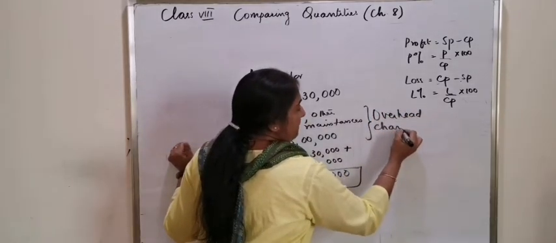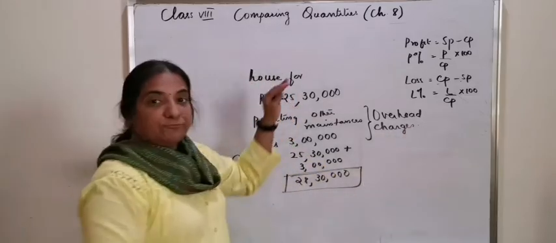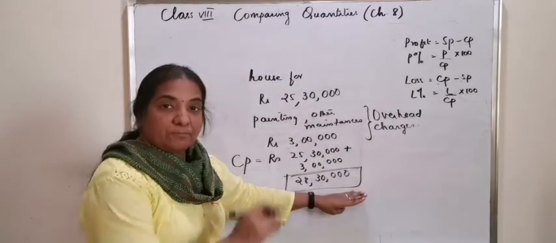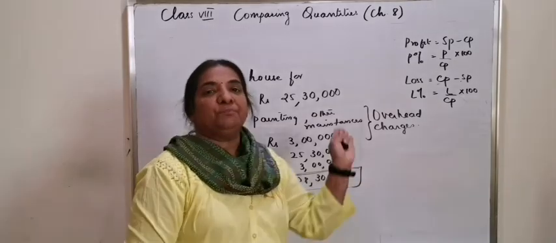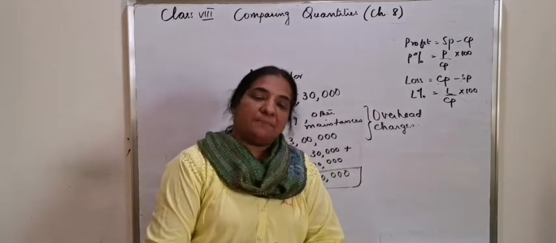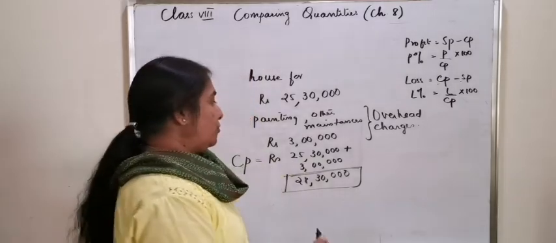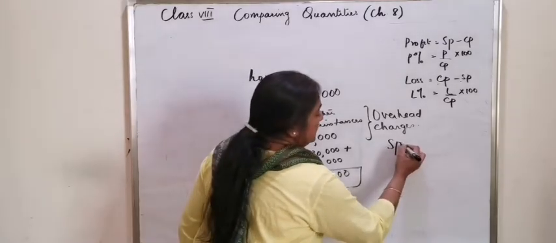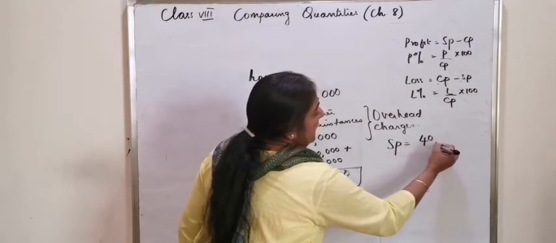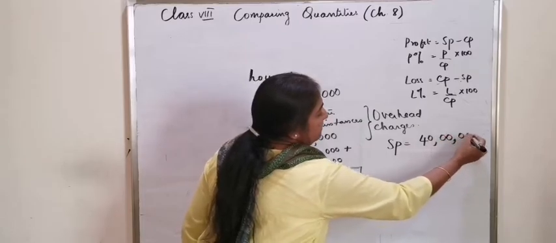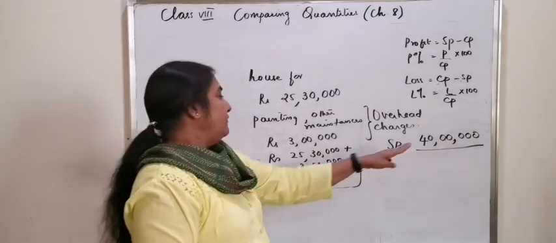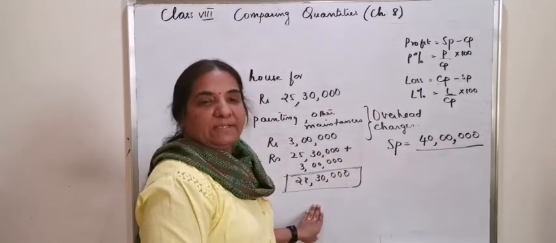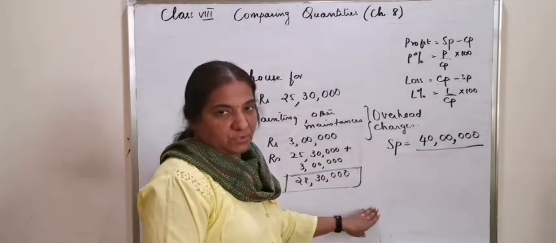charges, and after repairing or maintaining the house, you are planning to sell it to a person. Now, if you quote the selling price as 40 lakhs, you can make a profit of 40 lakhs minus 28,30,000.